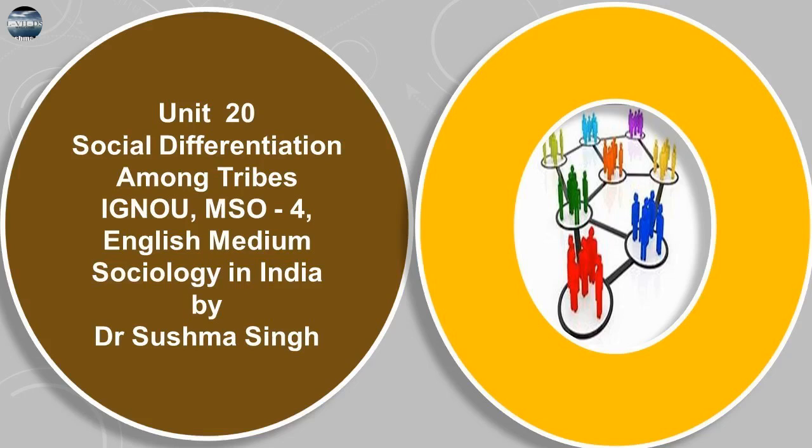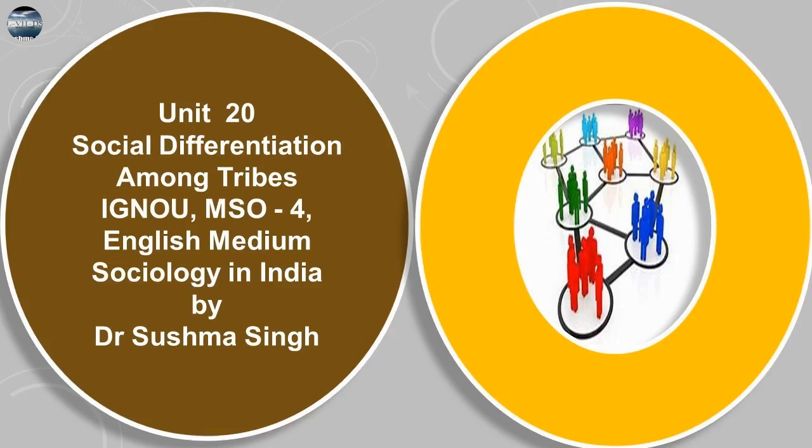Therefore, while considering social differentiation among tribes, it does not imply a uniform pattern. We shall now discuss a few forms of social differentiation among tribes, with special reference to India.